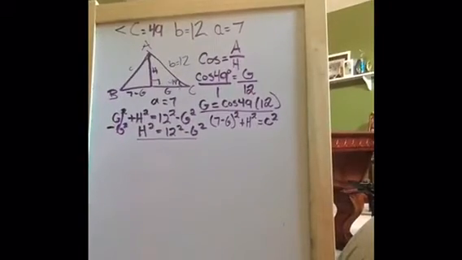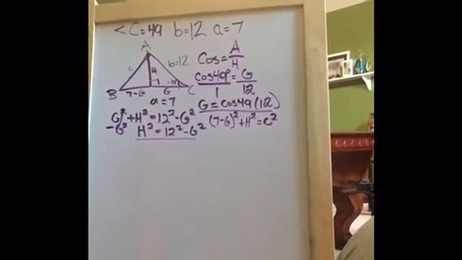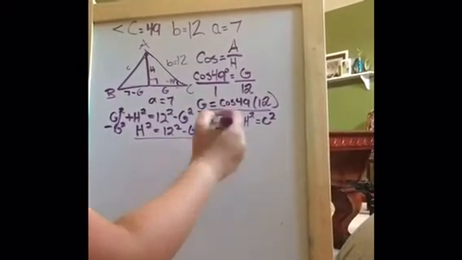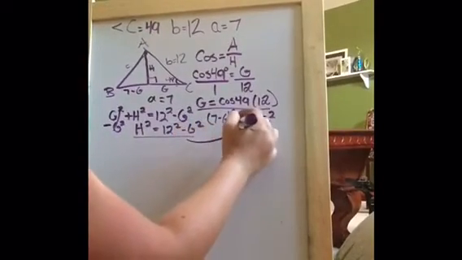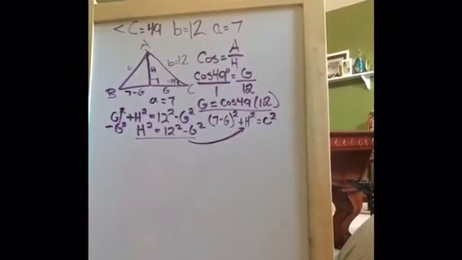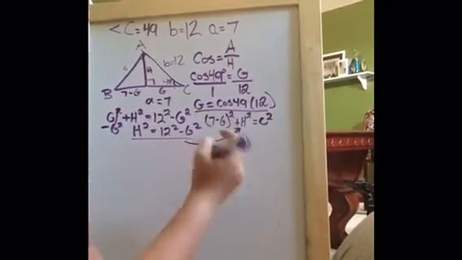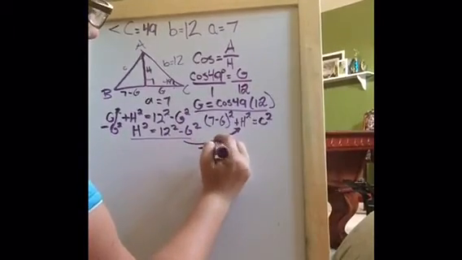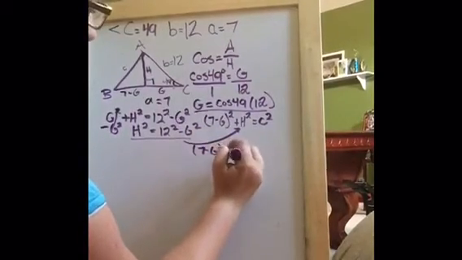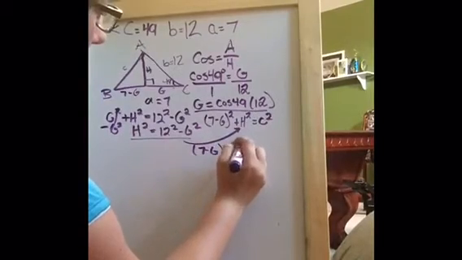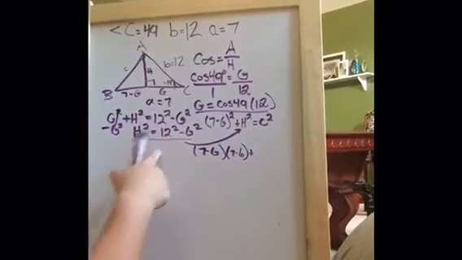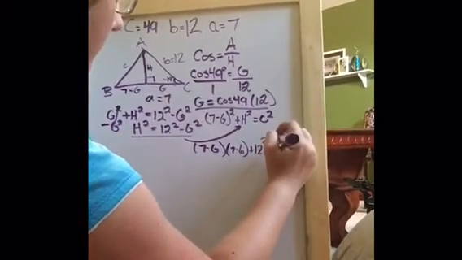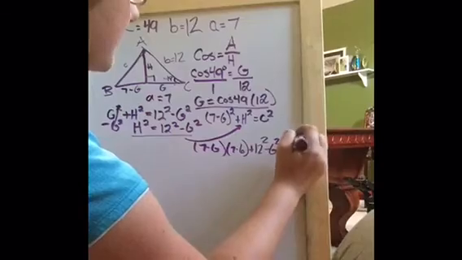Now that you have all 3, you take the H formula and plug it in. So it's 7 minus g times 7 minus g, plus 12 squared minus g squared equals c squared.